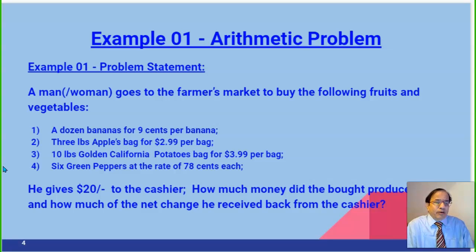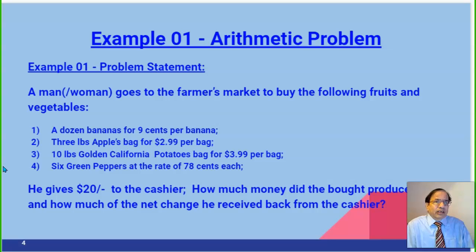He buys a 10 pounds golden California potato bag for $3.99 per bag. And he buys 6 green peppers at the rate of 78 cents each. He gives $20 to the cashier.